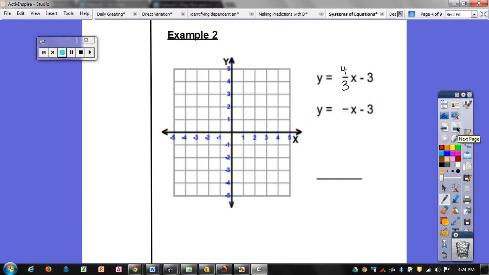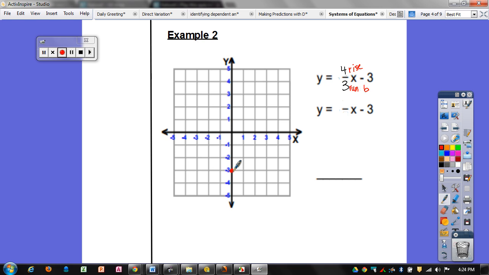Example 2, for the first equation I have y equals 4/3 x minus 3. So my y-intercept is -3, so I'm going to start here. This is where I begin, and I'm going to move with my slope. My rise is 4 and my run is 3.